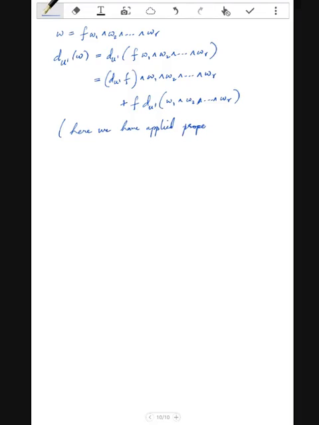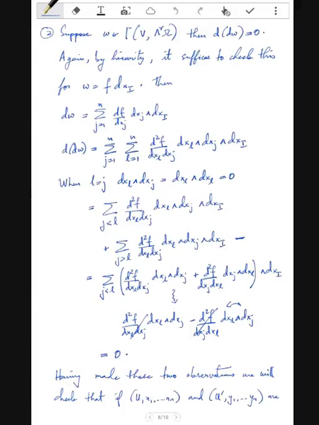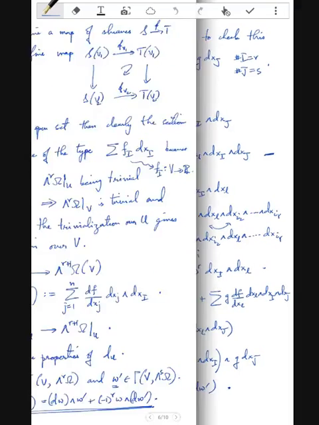This is equal to du prime f wedge omega 1 wedge omega 2 wedge omega r, plus f into du prime of omega 1 wedge omega 2 wedge and so on. So here we have applied property 1.